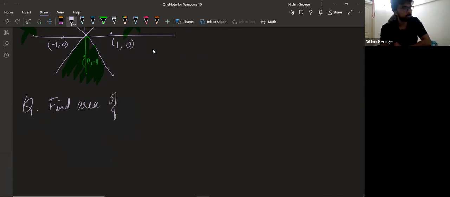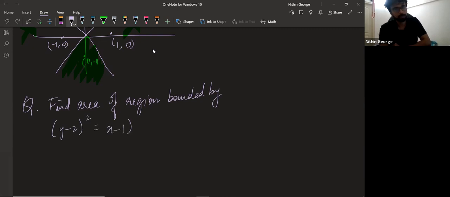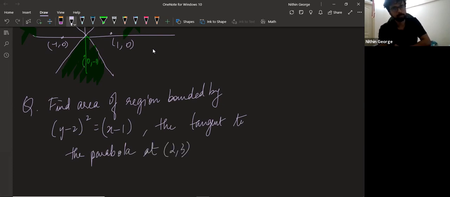Find the area of region bounded by parabola y minus 2 the whole square equal to x minus 1, the tangent to the parabola at 2, 3 and the x-axis.